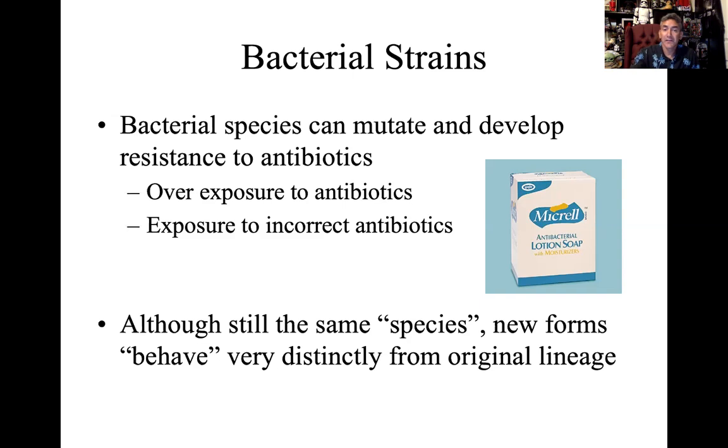So the strains are genetic modifications. It's the same species, but they behave very differently than the normal species because of different selective pressures, mutated strands. So again, please, please, please follow doctor's orders. Don't just self-medicate. Take the appropriate antibiotic for the correct duration of time to minimize some of this mess.